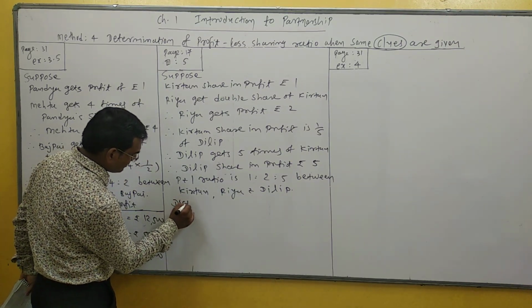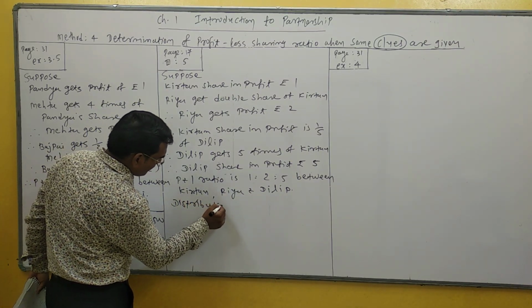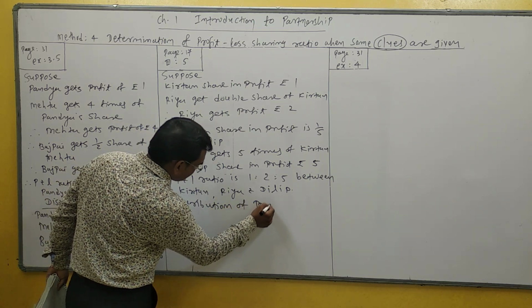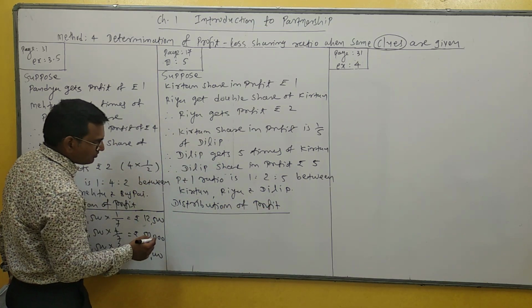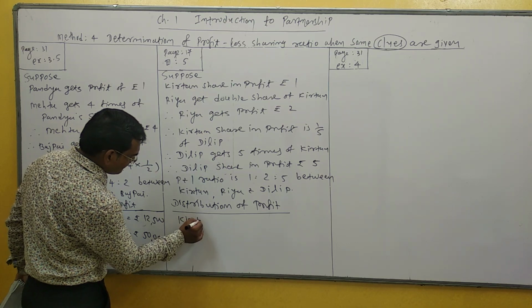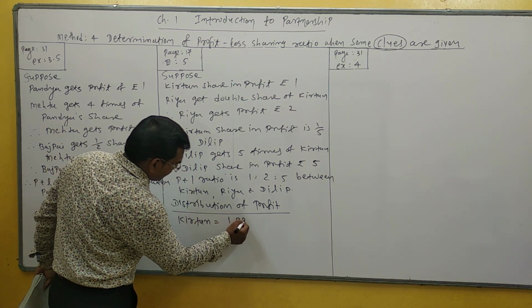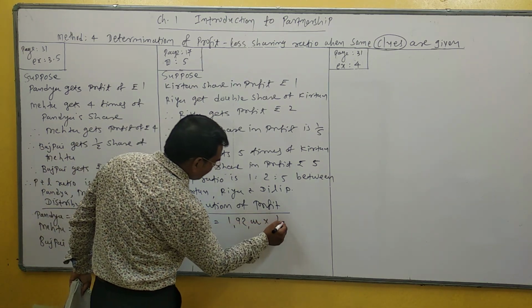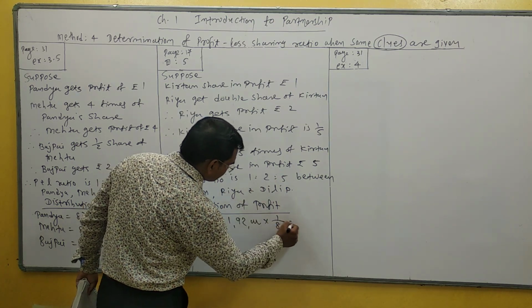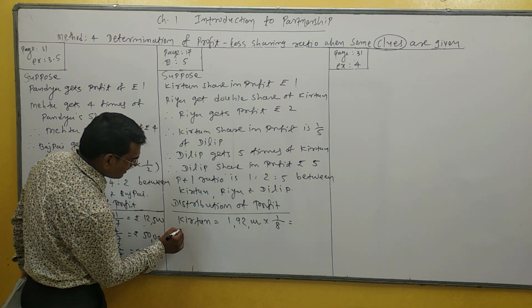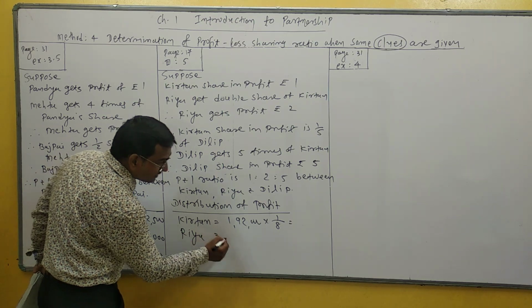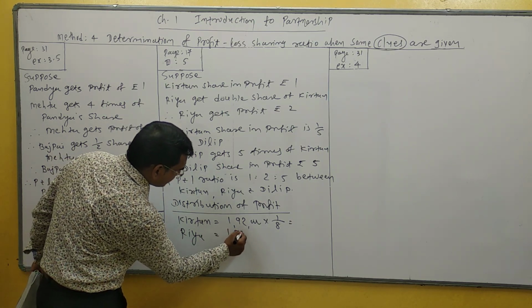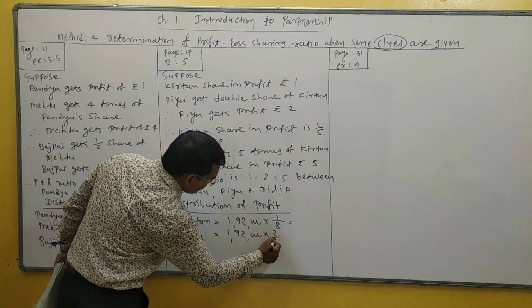So distribution of profit. First partner Kirtan: 1,92,000 into 1 by 8. Second partner Riya: 1,92,000 into 2 by 8.